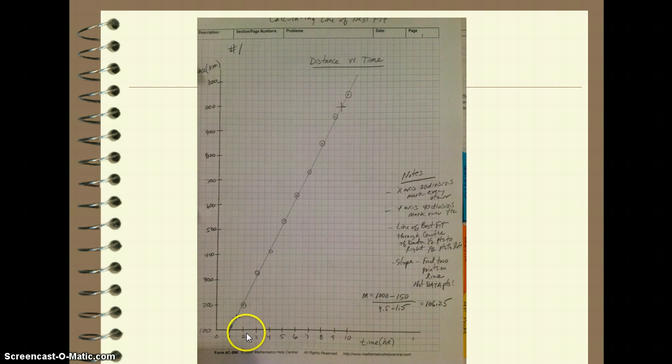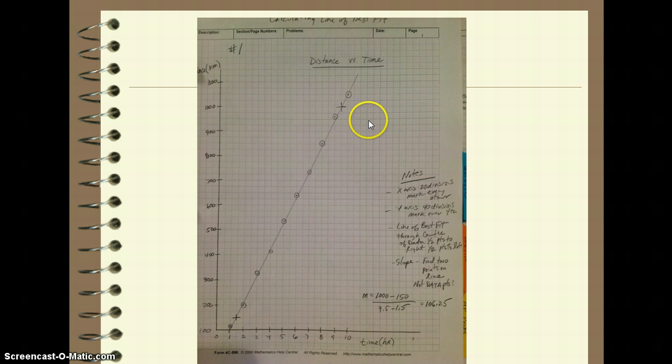And when you set up this graph, you want to maximize your space. So I have not tried to put multiple graphs on one sheet, but I've just maximized this, and if I need to make another graph, I'll start with another sheet again. And then the dots are relatively small with little circles around them, so I can identify that those are actually points and they're not just specks of whatever on the paper.